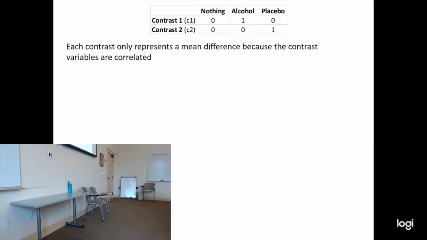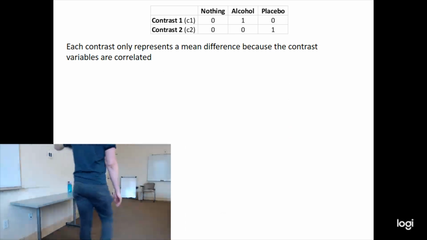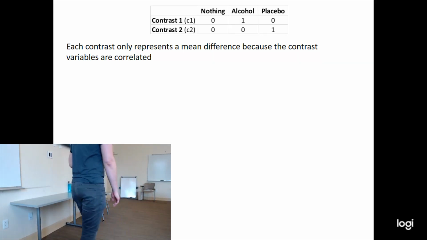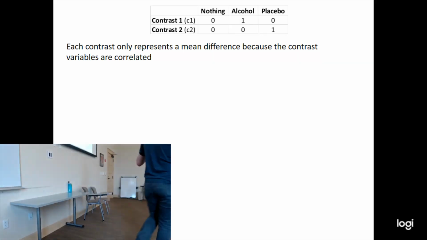Okay, so this is the set of contrasts that we ended up with. And we found that each of these contrasts represents a specific mean difference. Specifically, the difference in means between the reference group that's always staying the same and the group that has a 1.